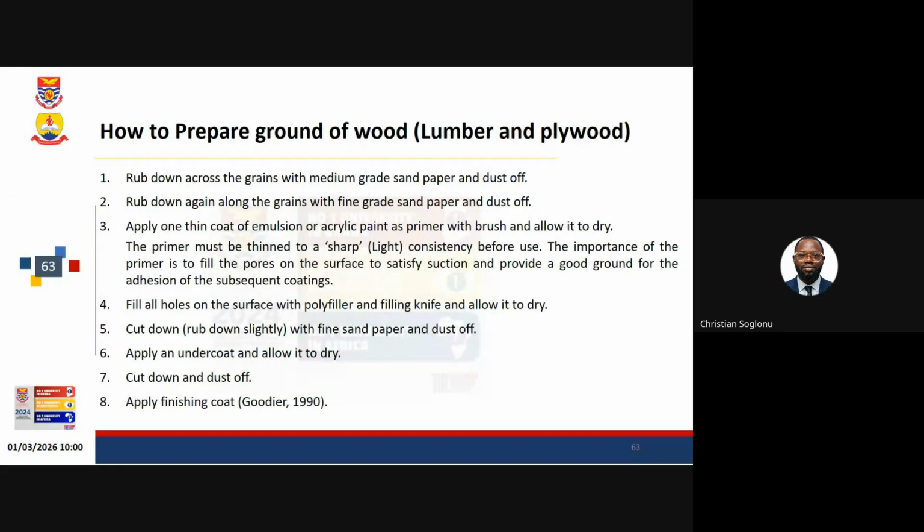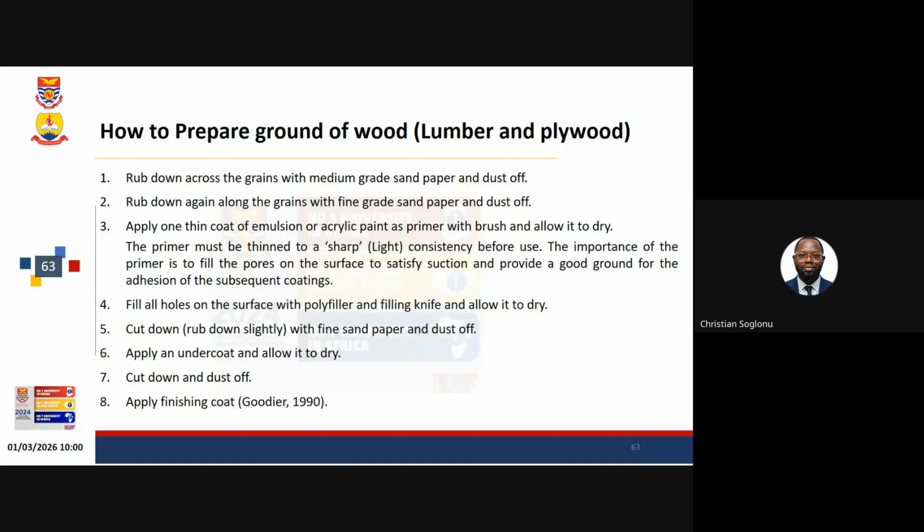Okay, so the first one, let's imagine we are working with a rough sandpaper, a medium grade sandpaper. Let's imagine the grain on the plywood is moving to the left, or probably to the right. So you scratch the surface following either the left or the right of the grains, depending on the direction of the grain on the plywood.